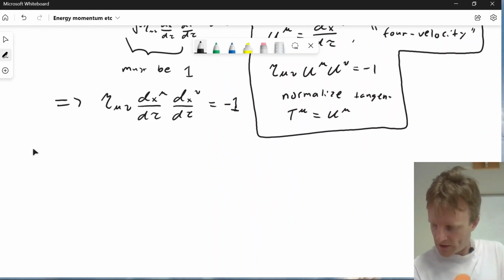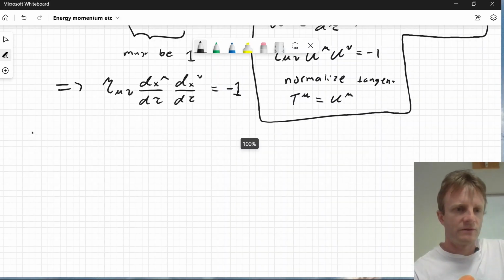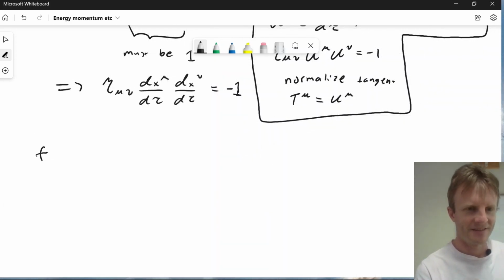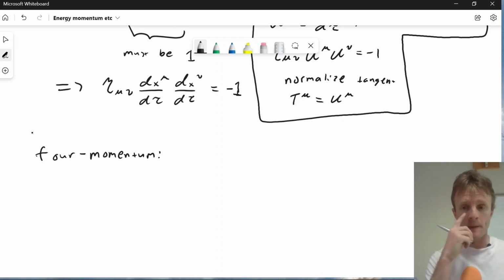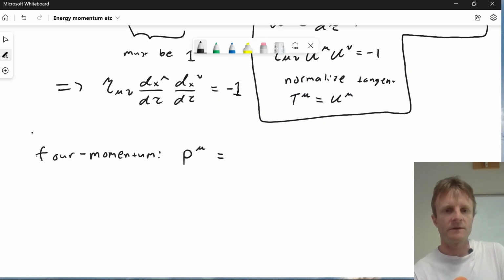So that's the 4-velocity. And then we also introduced the 4-momentum. So the 4-momentum is defined as p^mu equals m, the mass of the particle.